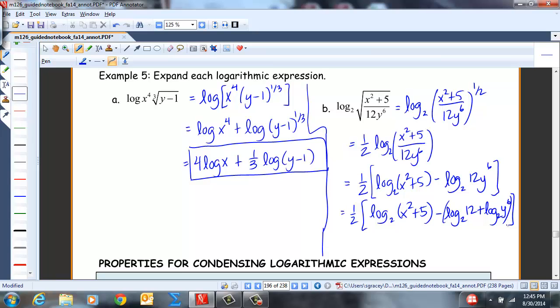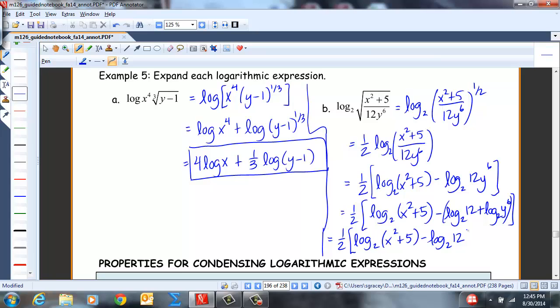And then finally we'll have 1/2 times log base 2 of x squared plus 5 minus log base 2 of 12.